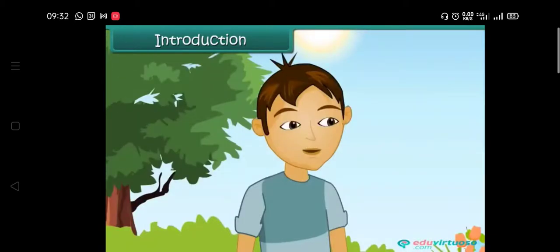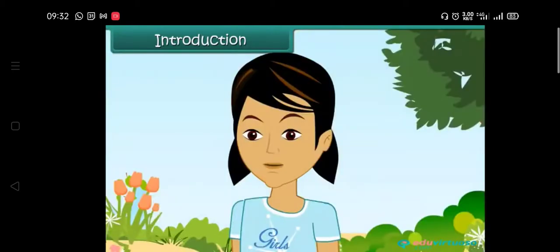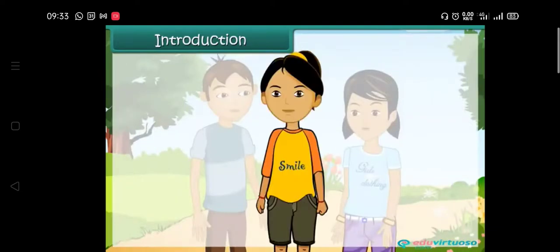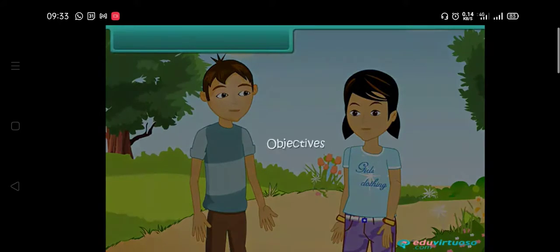I don't know, Ruchika. Hey, look at the earthworm in the soil. How does it creep? Okay, Rahul. So before playing this game, let me tell you some interesting things about body movement. Children, in this lesson, we will learn about body movement and the difference between movement and locomotion. Objectives.